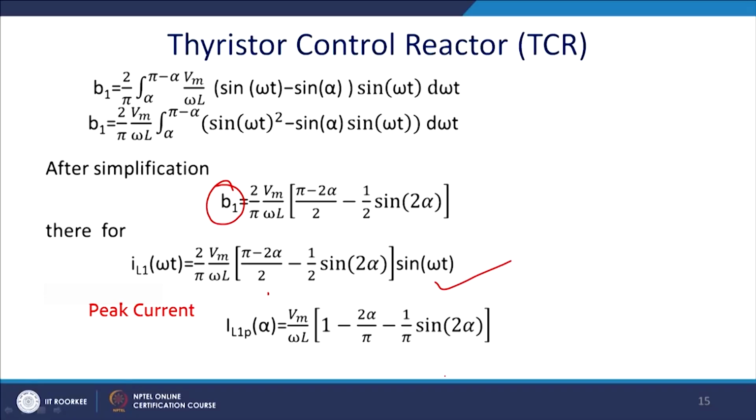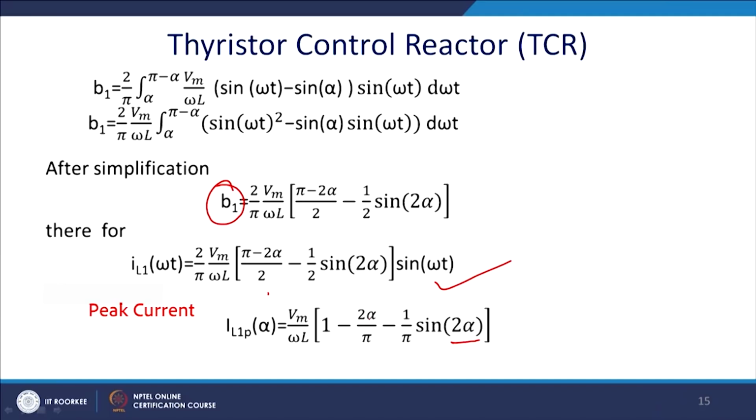So, ultimately what you can see here is the value at 90. Let us substitute 90 here. So, it is 180 degree, and this value is essentially 1.